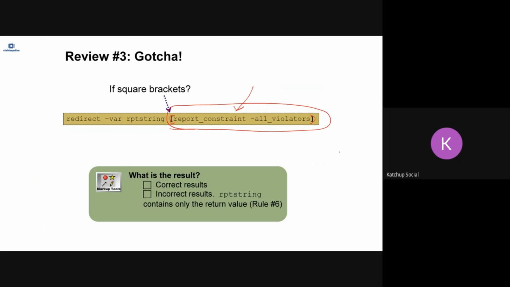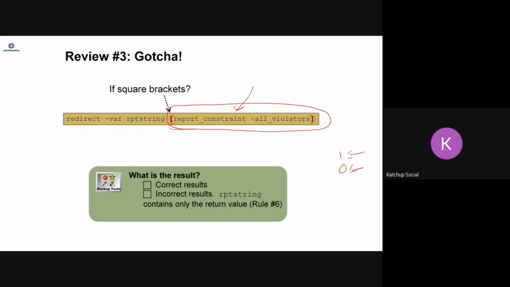Some Tcl commands return 1 and 0, like a typical regexp command also returns 1 and 0, so it will be substituted by that. You have to make sure that is what you want. As we saw in this example, we didn't want 1 or 0, we wanted to get the report text string out, and then you can get incorrect results if you don't know. So when a command is substituted, what is substituted is the Tcl string.